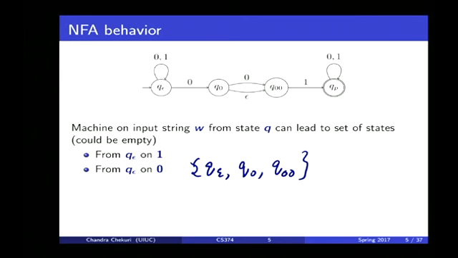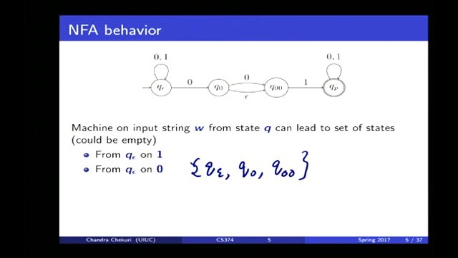Q00 is the name of the state. On 0, it first goes to Q0, and I can move on epsilon if I want to. The string 0 is the same as the string 0 epsilon. They're both strings.